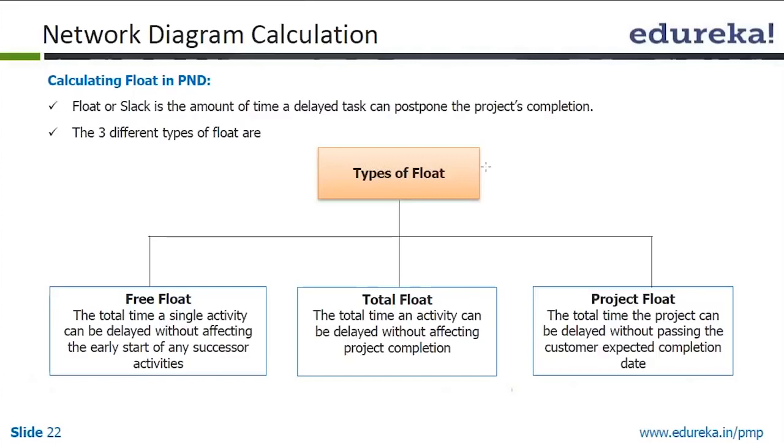But you also see whether you are eating away the reserve that you have kept to meet the final completion committed to the customer, to ensure that you still have some buffer to be able to get the project delivered on the committed date. So that is project float.